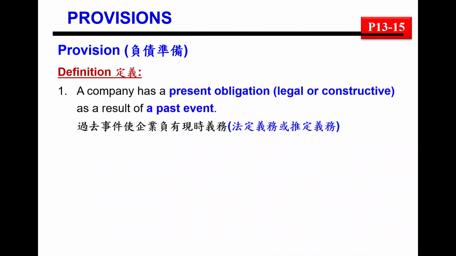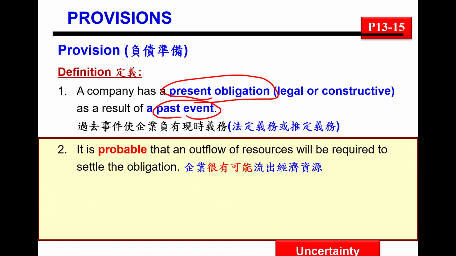Did you find that the past event and present obligation are the same? You did something already, and because of that, right now we have obligations. The only difference is we are not sure whether we have to do that in the future and how much, right?